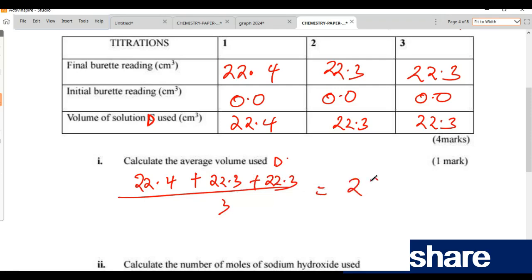The average should be in 4 significant figures, centimeters cube. Hii ilikuwa 22.3333, you truncate to 2 decimal places. Una truncate, si tuna round off.